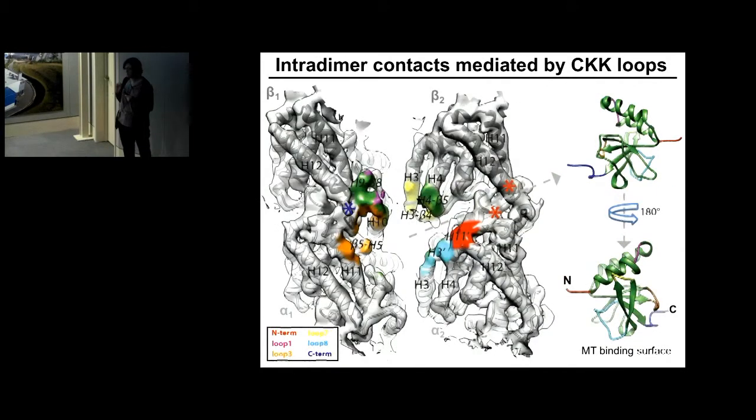So the interaction between the CKK domain and the tubulin surface in the microtubule is spread across the entire CKK domain. And again, there are very precise contacts formed between, in particular, many of the flexible loops within the CKK domain and the surface of the microtubule.